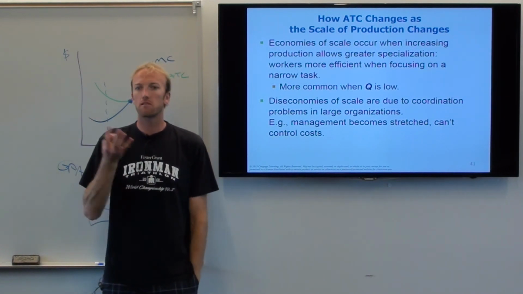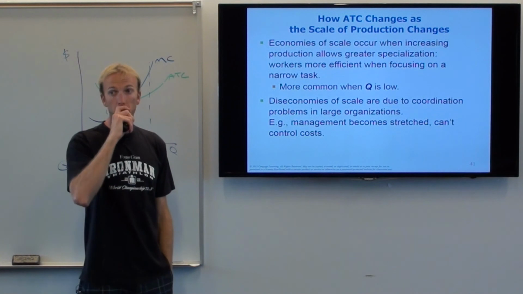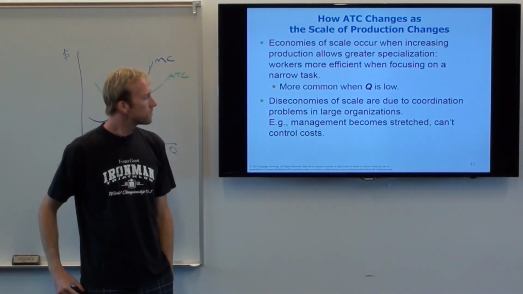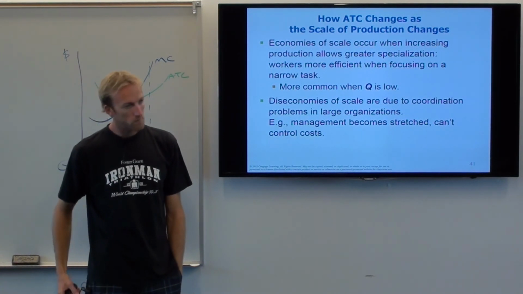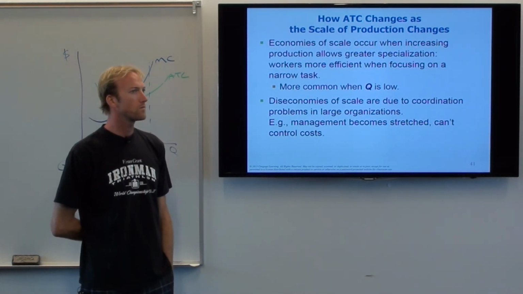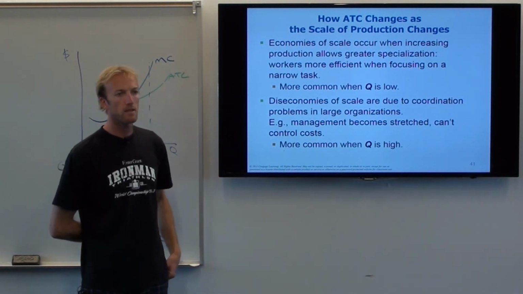And then people start slacking, or they don't work as hard, and then their costs go up. Or they become wasteful. And of course, that happens when Q is high.